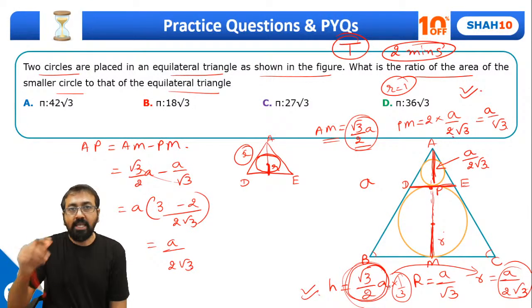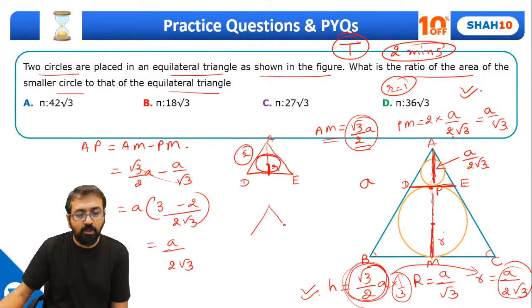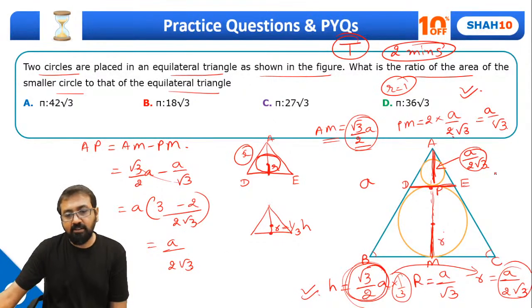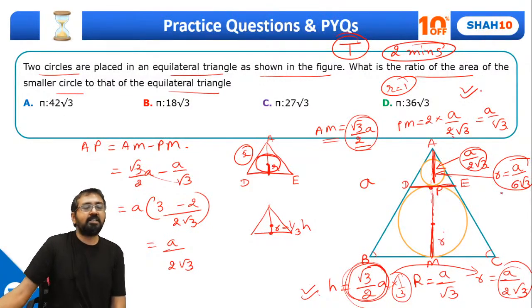So in radius is always 1/3 of the height. Think of it this way: in an equilateral triangle, when I draw the median or angle bisector or perpendicular bisector, this is your in radius, and this is nothing but 1/3 of height. So I know the height. So what will be in radius? Can I say it should be 1/3 of this one? So it should be a upon 6 root 3. Yes, so we got in radius a upon 6 root 3.